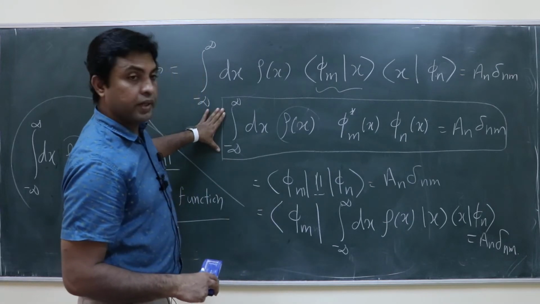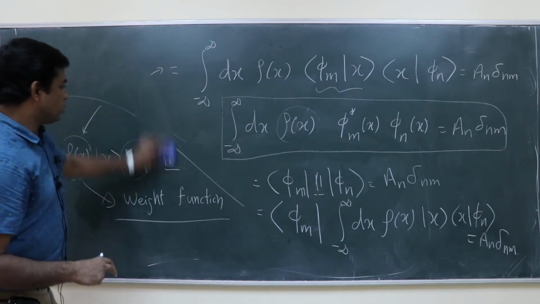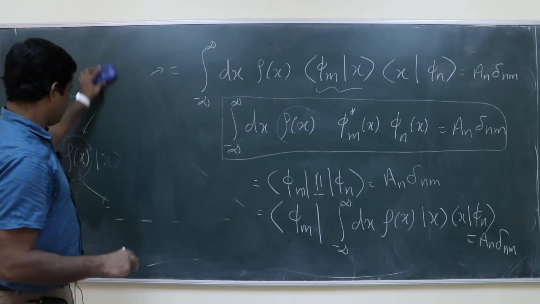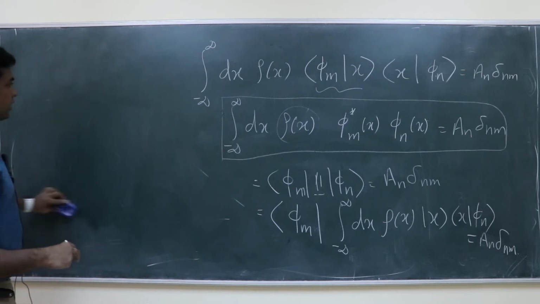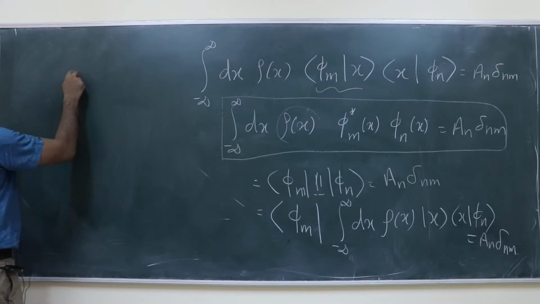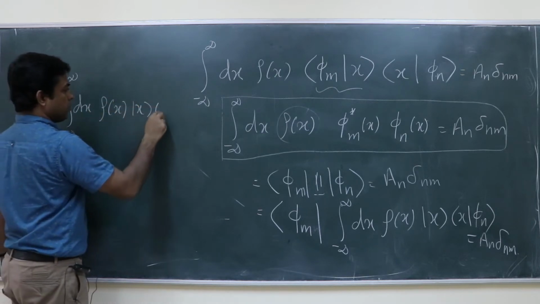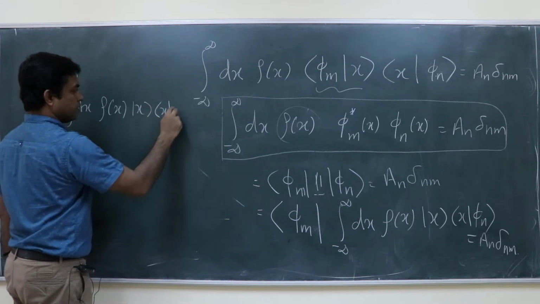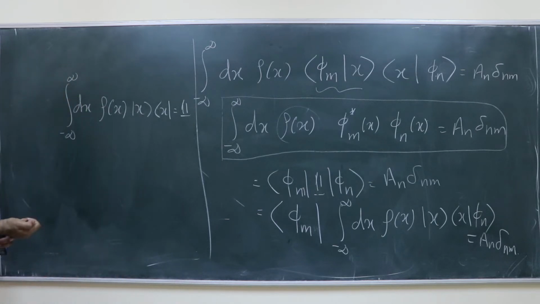Now we have to write down the completeness relation for these polynomials. Before that, we have to understand something more. What we said is that integral dx rho of x ket x bra x equals I. Suppose I have an abstract vector f.